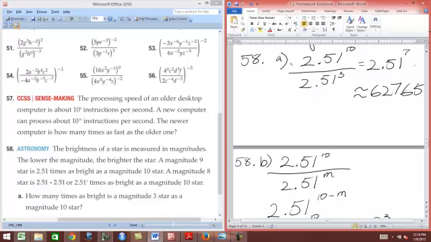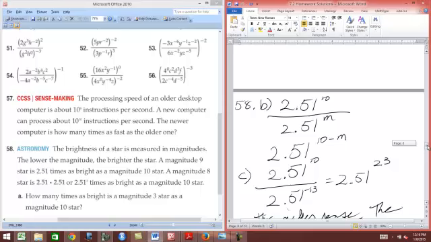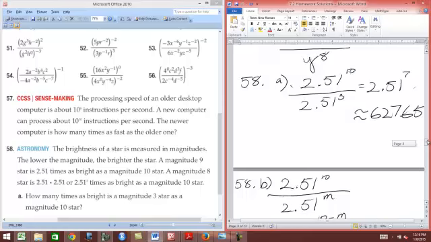Well, we're going to take 2.51 to the 10th divided by 2.51 to the 3rd.